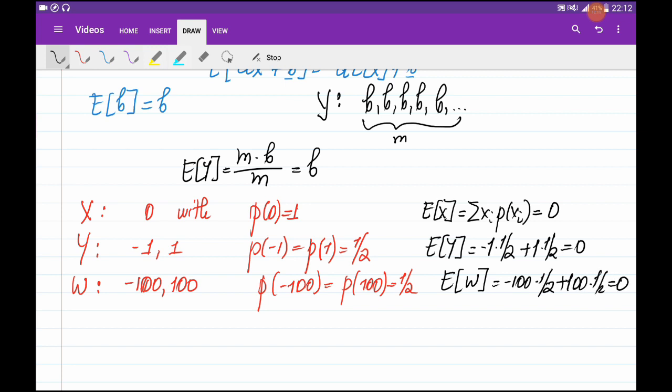So you see, even though we've got these three random variables with really different values, the expectation is the same. Basically, the expectation doesn't reveal some properties of the random variables.